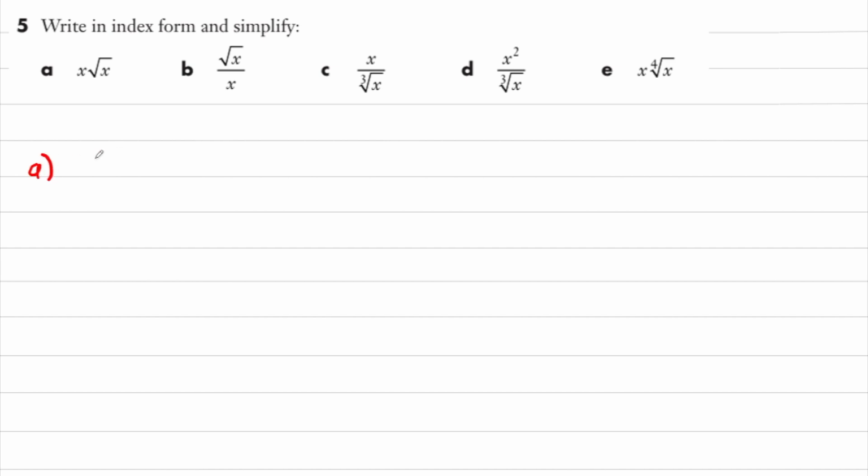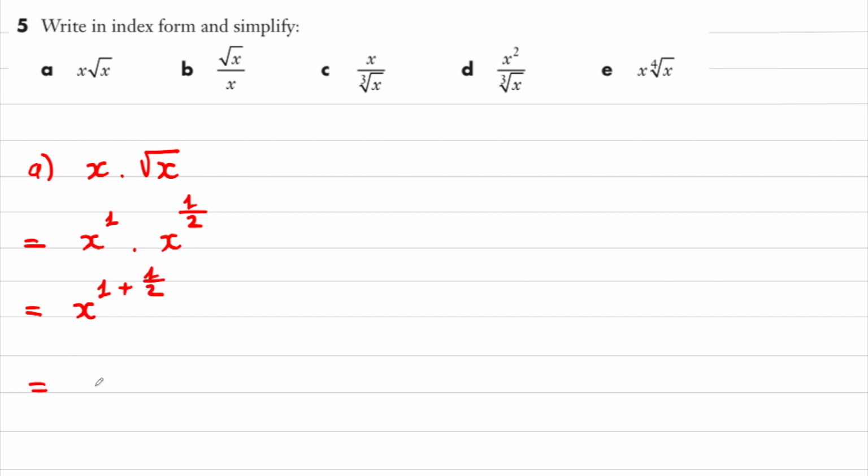Question A, you've got two terms. The first term is x and the second term is the square root of x. The first term, x, means x to the power of 1, and the second one, square root of x, means the power is 1 over 2. After that, multiplication between indices means the power numbers have to be added together.